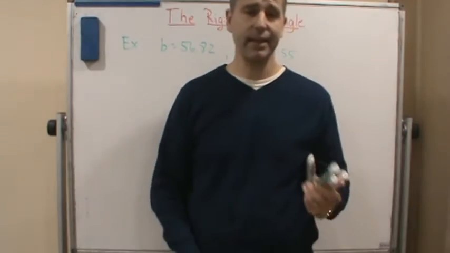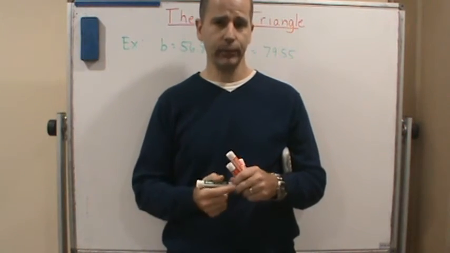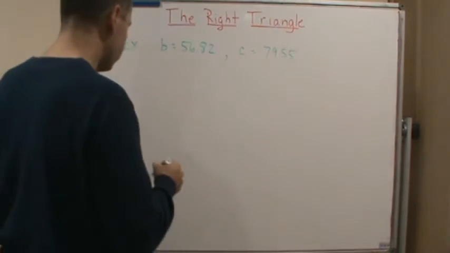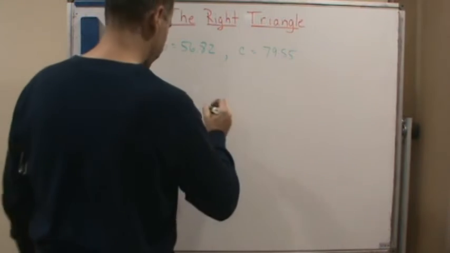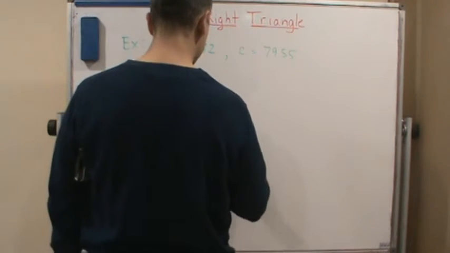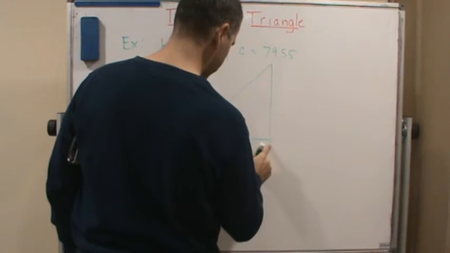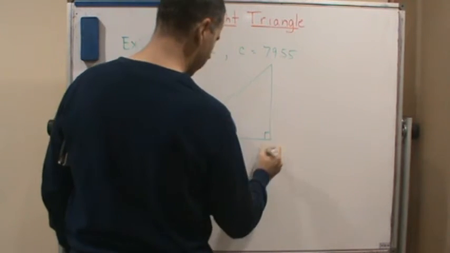Okay, so now in this example, we're given another right triangle and we're given two sides, and that's all we're given. So let's sketch our triangle. Again, it just has to be a right triangle. Any old right triangle will work.